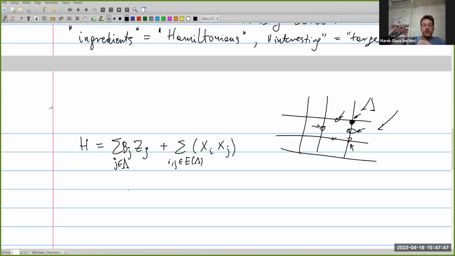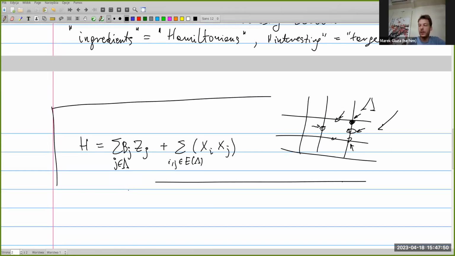And then you can imagine if you have a good hardware, you can do this operation where you have some big Hamiltonian, some interactions between qubits, and some on-site voltages here.